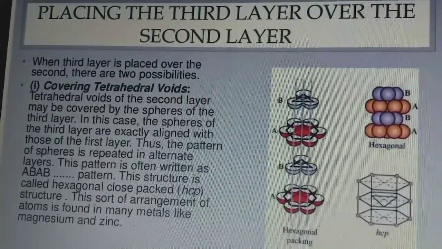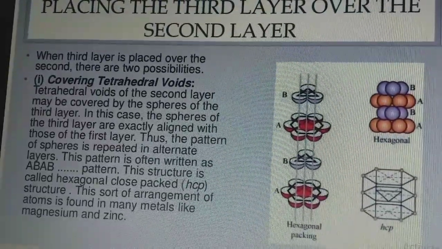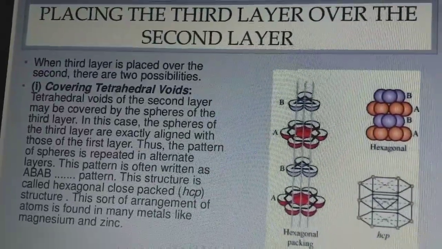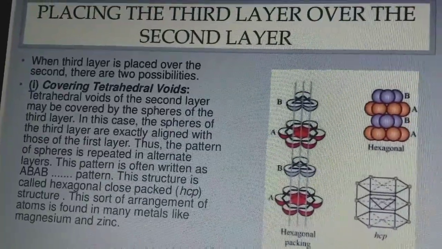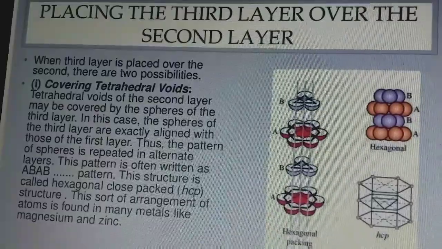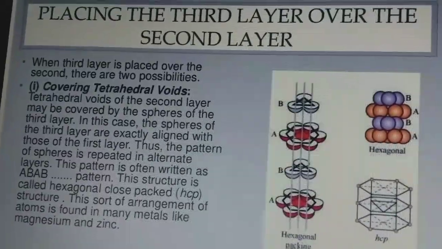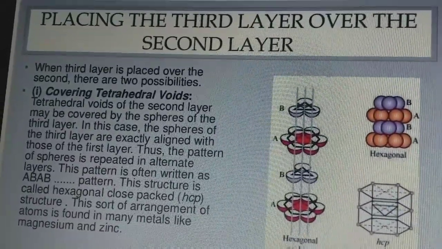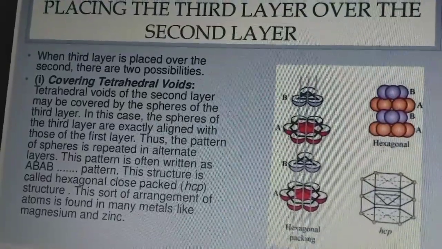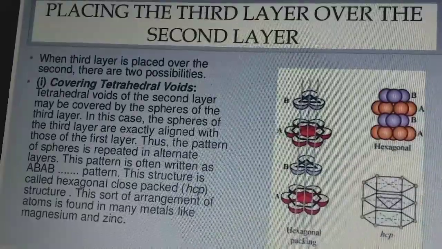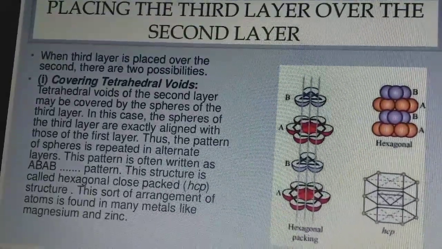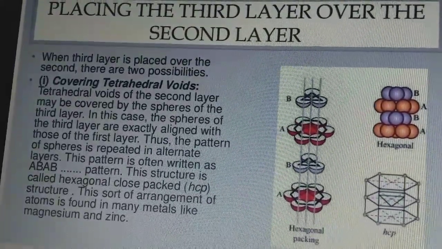In this case, the spheres of the third layer are exactly aligned with those of the first layer. Thus, the pattern of spheres is repeated in alternate layers. This pattern is often written as AB pattern, and this structure is called hexagonal close packing structure. This sort of arrangement of atoms is found in many metals like magnesium, zinc, etc.